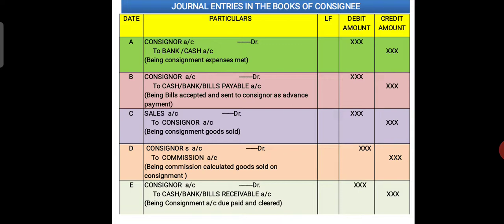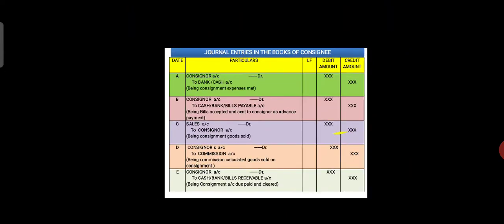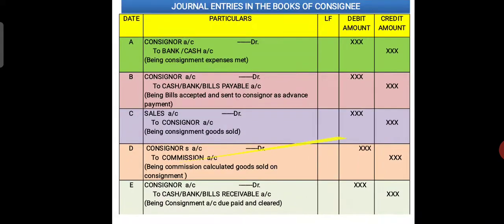Fifth entry is for the settlement of the consignment account. So only 5 commonly used entries are given here. Just try to read, understand and remember. So this is the first section we completed: the journal entries that we write in the books of consignee.